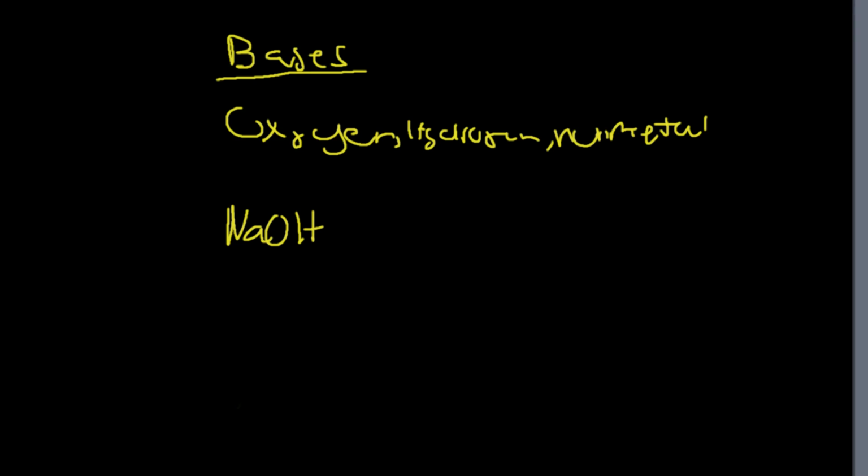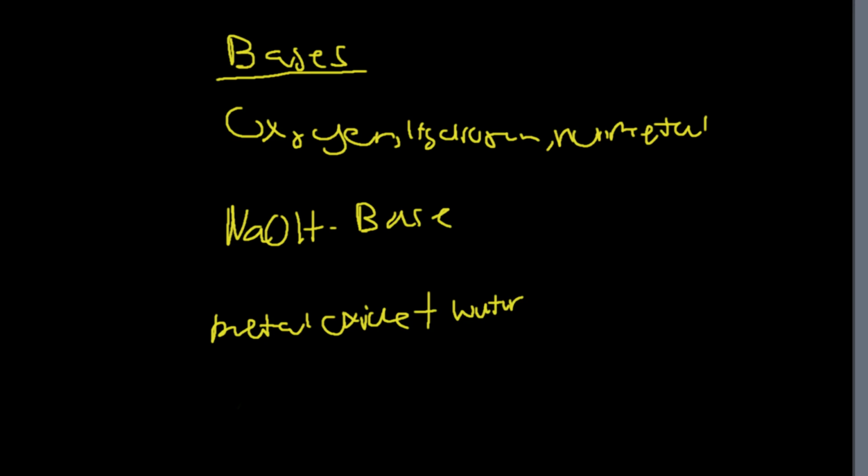So this would be a base, and the reaction that takes place is that we have the metal oxide. Similar to how we have the non-metal oxide in the oxoacid, we have the metal oxide inside the base. And then we have water, plus water, and that's going to create the base.